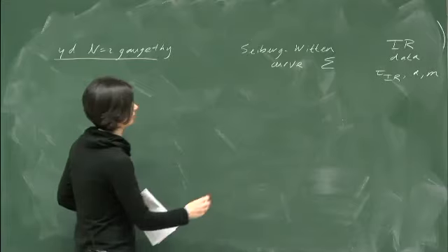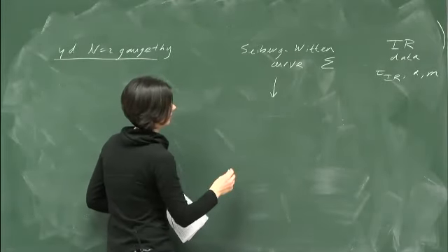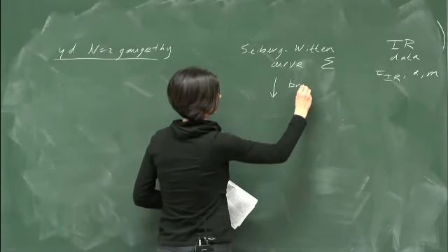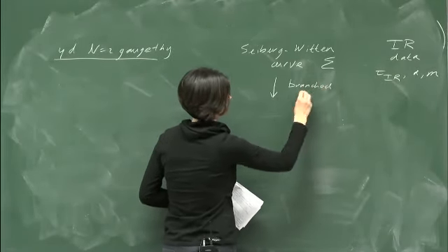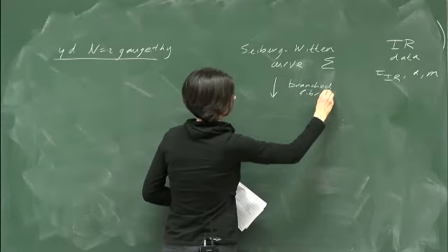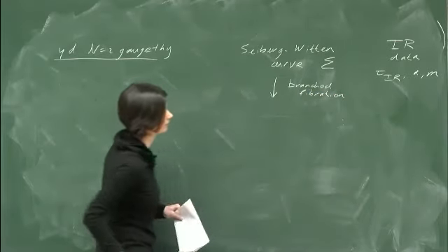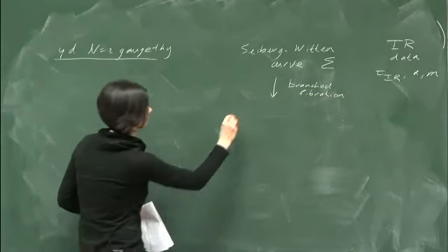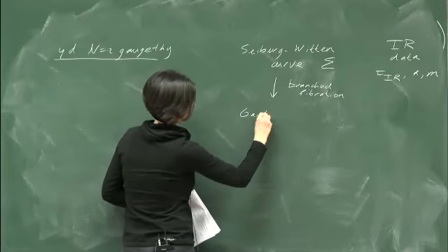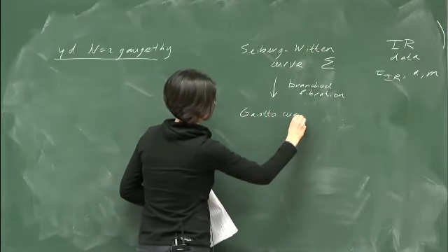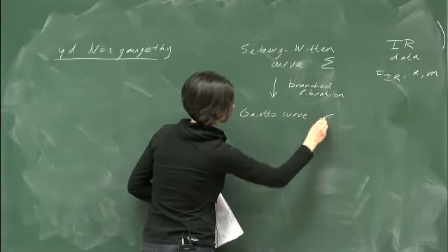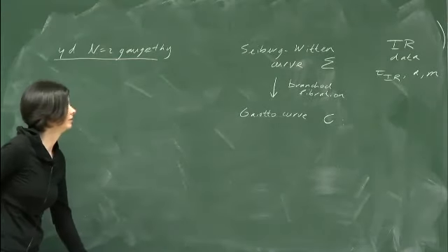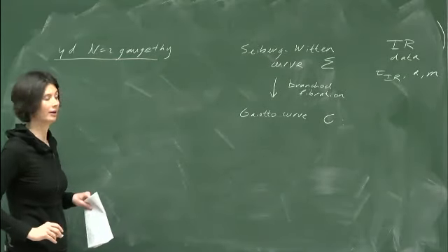The Seiberg-Witten curve is in fact a branched fibration over this curve that I introduced here, over the Gaiotto curve, which we will denote by C. And the degree of the fibration is given by the rank of the gauge group.